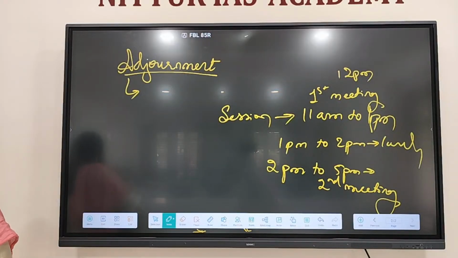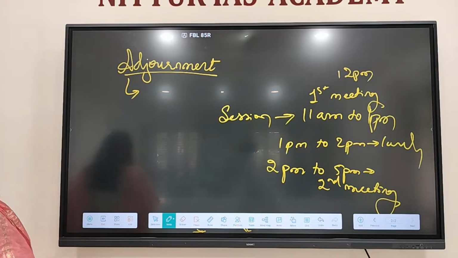The sessions of a parliament consist of many meetings. Full stop. In a day there will be 2 sittings.